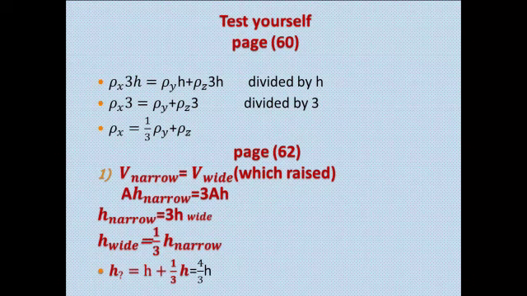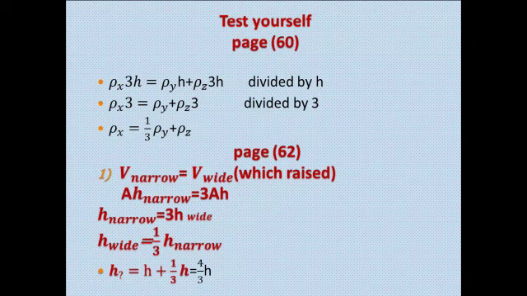Page 60. Lovely. Rho X times 3H equals rho Y times H plus rho Z times 3H. Why? Listen up.